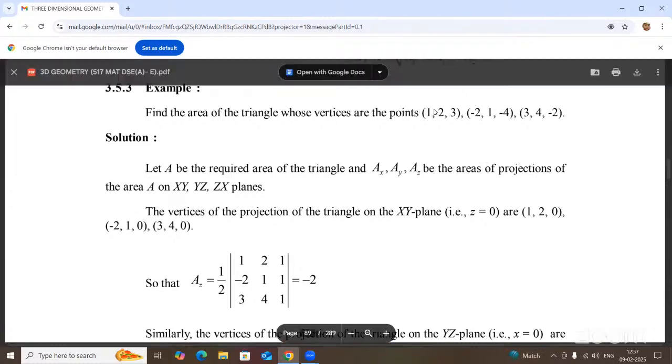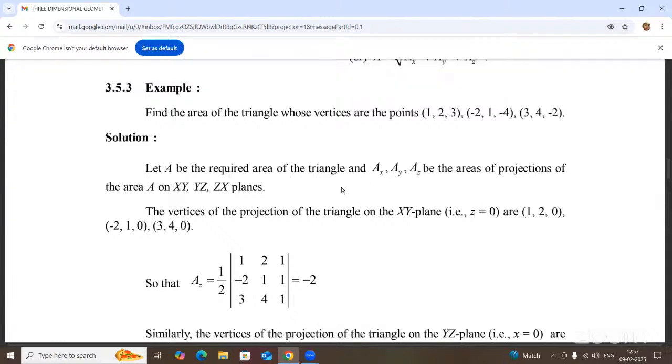So according to the points 1, 2, 0, then minus 2, 1, where the Z coordinate is 0, and 3, 4 is taken as the third vertex, where Z is 0. So we take the 3 points for the area Az. Az means we write the Z coordinate as 0. So 1 by 2 mod. What is the formula? 1 by 2 mod, because 1 by 2 into 1 by 2 into 1 by 2 is 1 by 8.